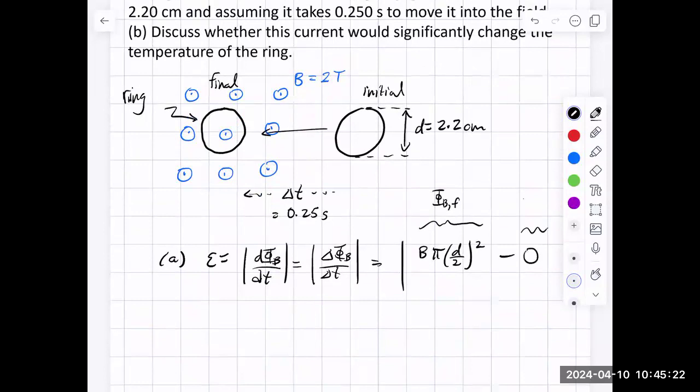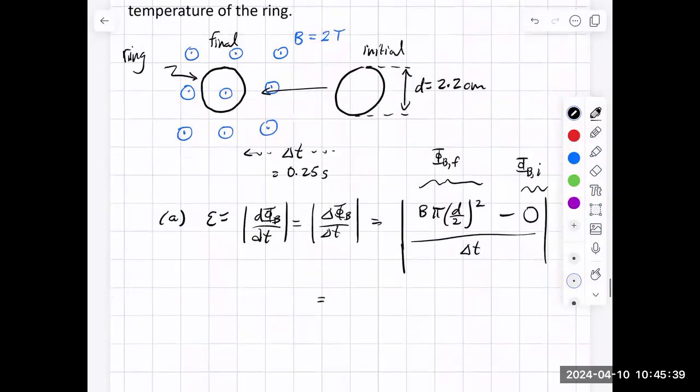Initially, the magnetic field through the ring was 0, so there was no flux. And then this all happens in a time of delta t. So what we end up with is pi times B times d squared over 4 delta t is the induced EMF.